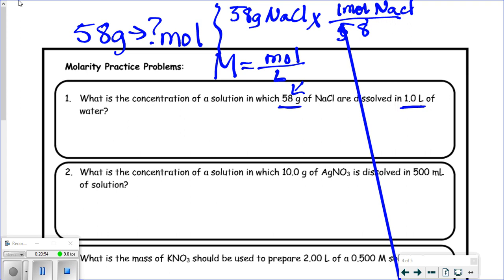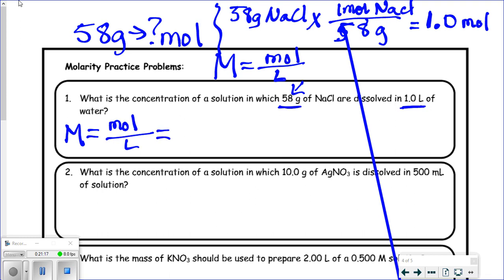All right, so that's 58 grams approximately. And 58 divided by 58 is 1. How many sig figs? Ooh, looks like 2. So I have 1.0 mole. Okay, so now big M equals mole over liter. So the moles that I calculated in the upper right, 1.0 mole.